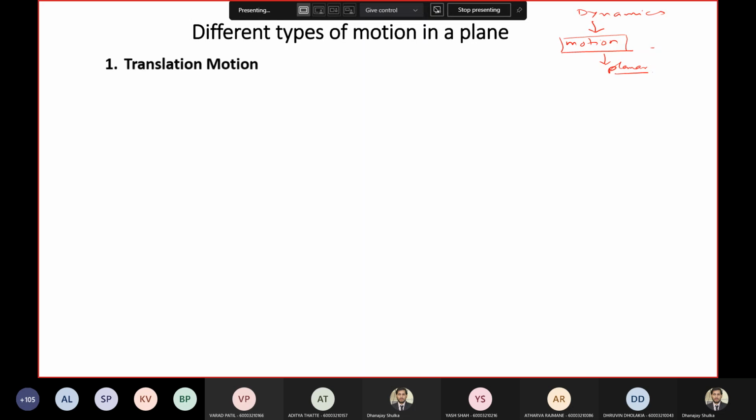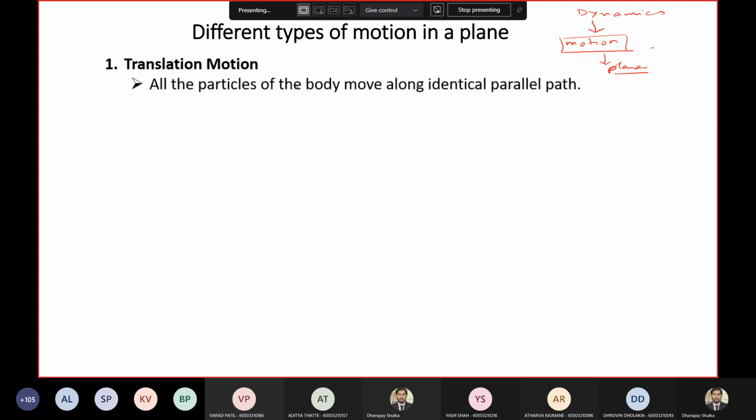The first one is translational motion. You all know what translation is. Can you define translation motion? It is the motion in which the particles of the body remain parallel to each other during the entire motion.